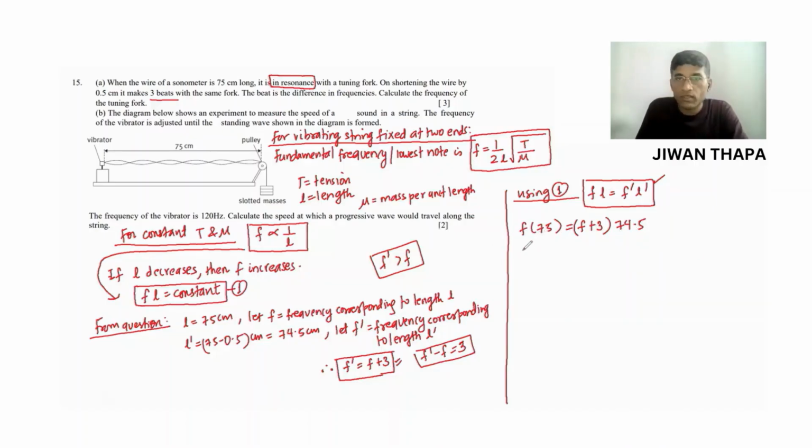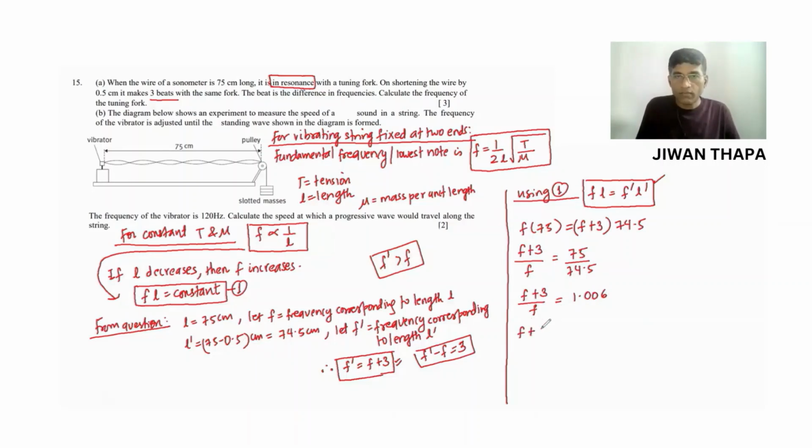Now on rearranging, let us find this ratio. So we get f plus 3 divided by f equals 1.006.